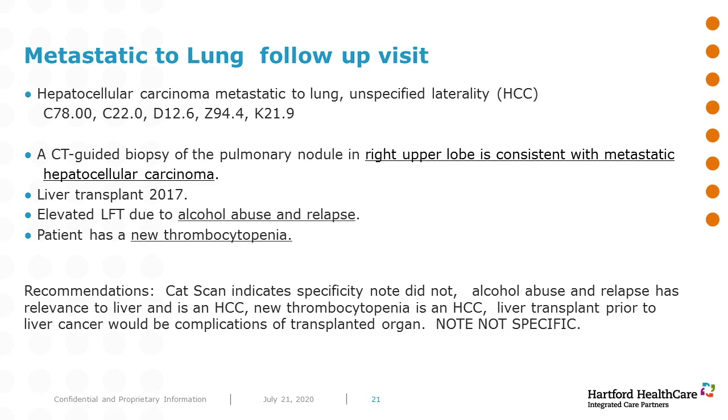Patient is here for a metastatic to the lung follow-up visit. So, bullet number one, hepatocellular carcinoma metastatic to lung, unspecified laterality. These are the diagnosis codes that were actually on the claim.